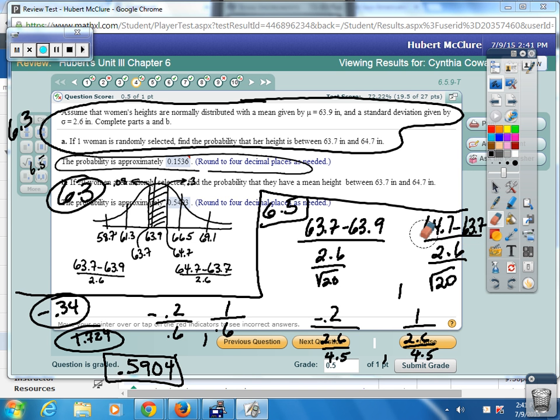I thought that was 1. Maybe I'm just doing too much math today. 0.5493. Okay? And that's supposed to be 0.8 divided by 0.6 or whatever.